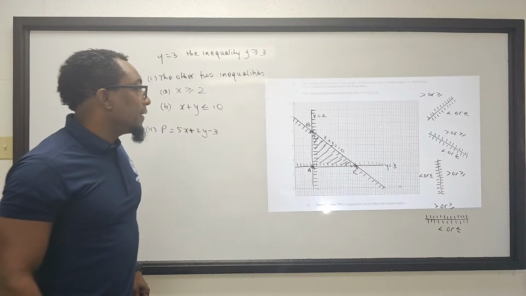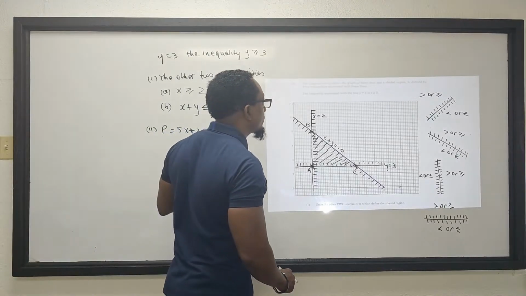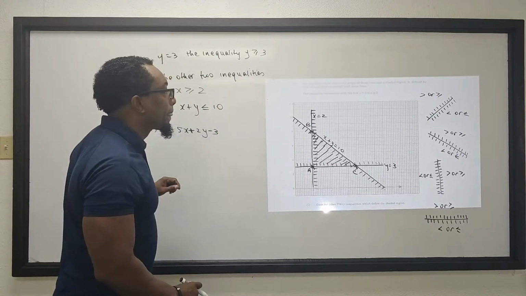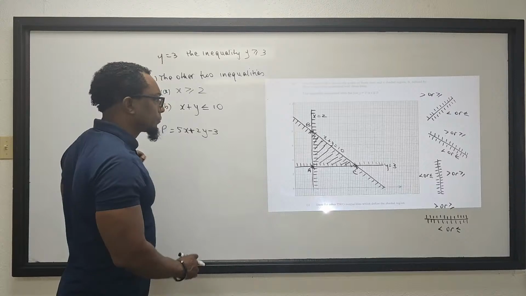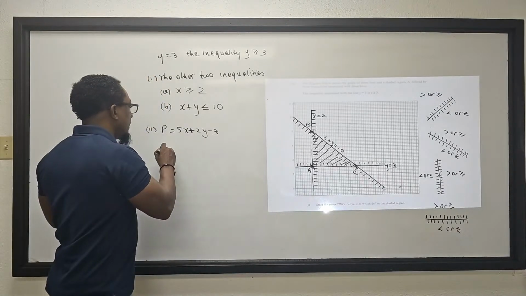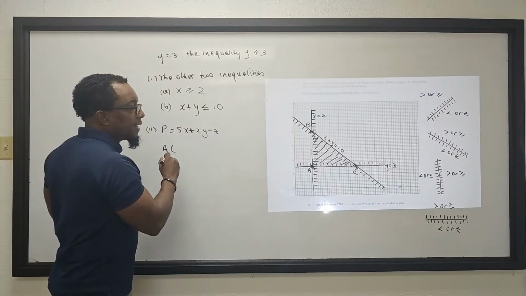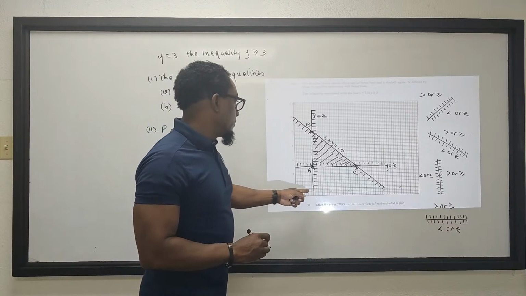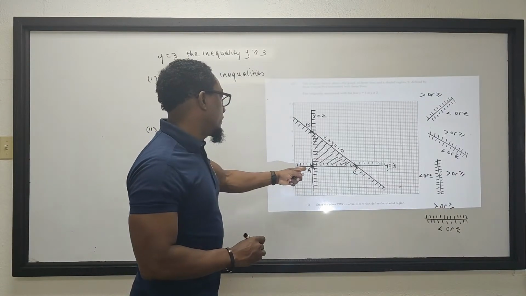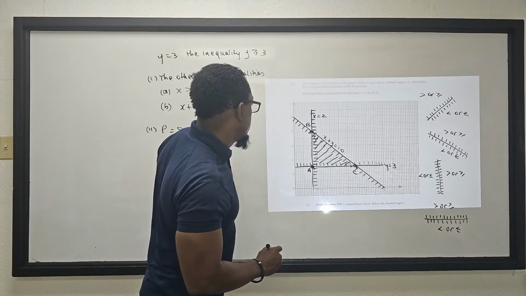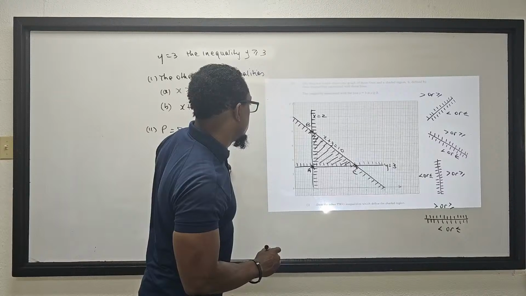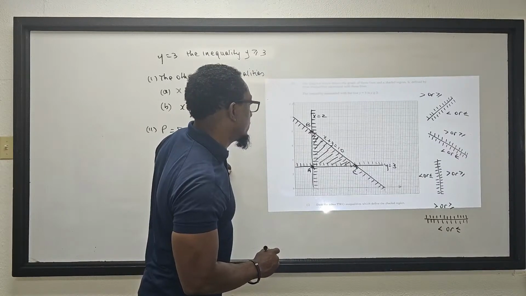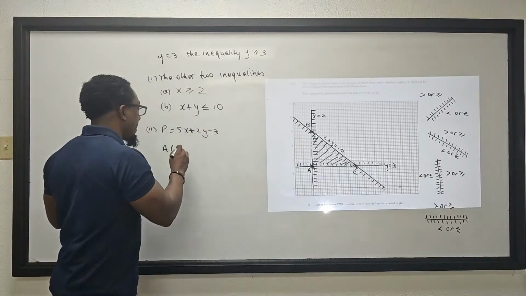So the 3 pairs of x and y values will be A, whose coordinates are 2 and 3.